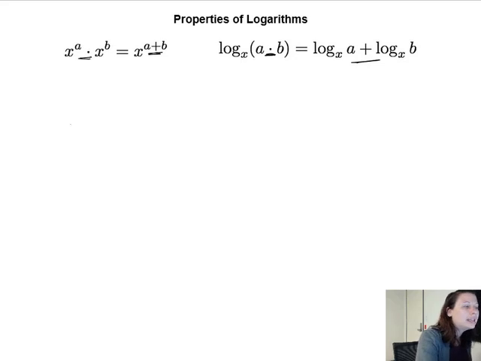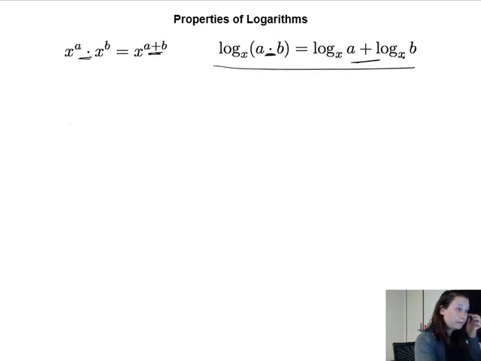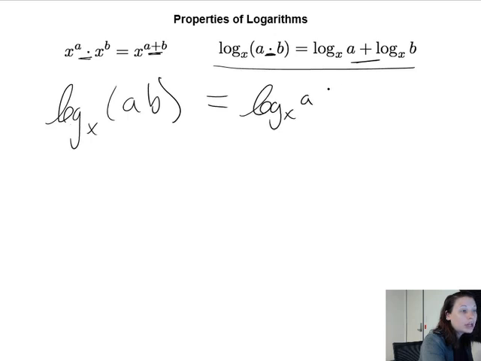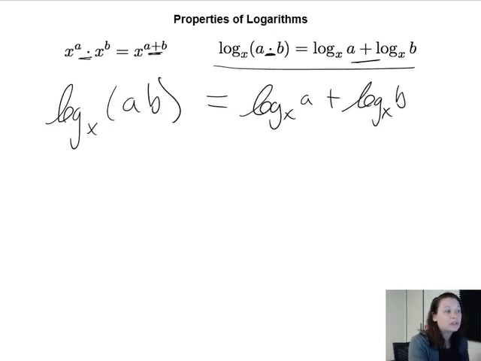Okay, so if we want to prove this, let's start off with the actual log rule here. So we have log base x of AB, and we want to show that it equals log base x of A plus log base x of B. So now if we want to use the exponential rules, that means we have to use that same base.